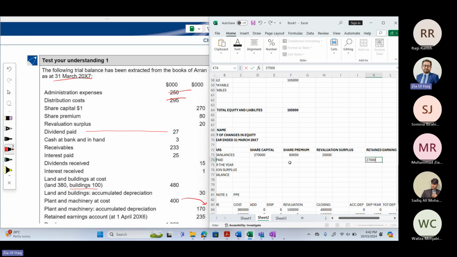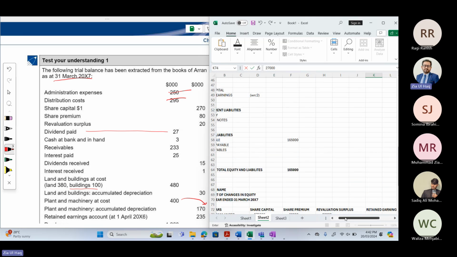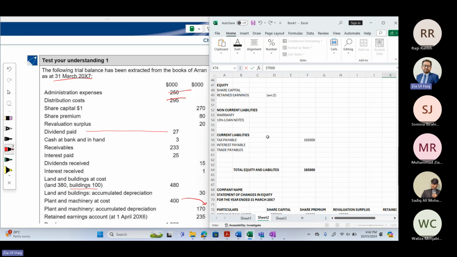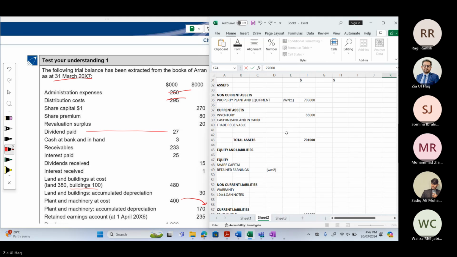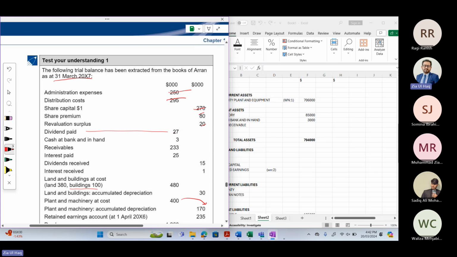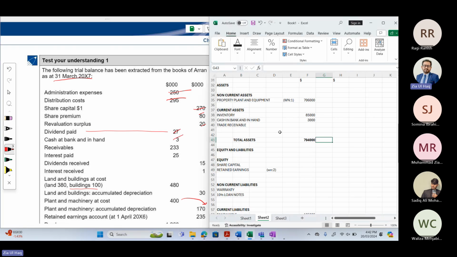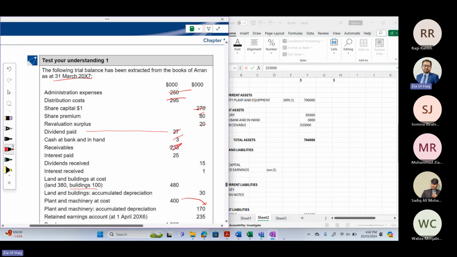Cash at bank is a current asset, cash in bank and cash in hand 3,000. So these are done. Receivables of 233,000. Interest paid is 25,000.